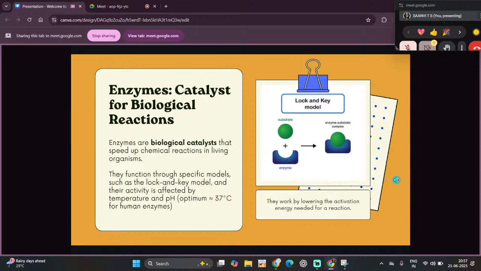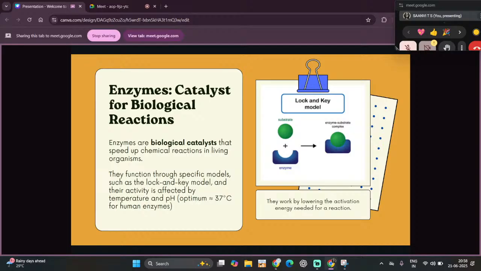So let's now study a little bit about what enzymes are. So enzymes are biological catalysts that speed up chemical reactions in living organisms. They are highly specific in nature and follow a model which is hypothesized to be lock and key model. Moreover, their activity is affected by temperature and pH.